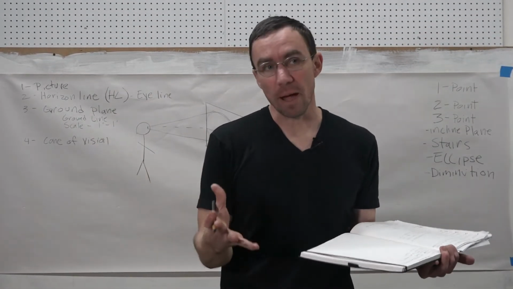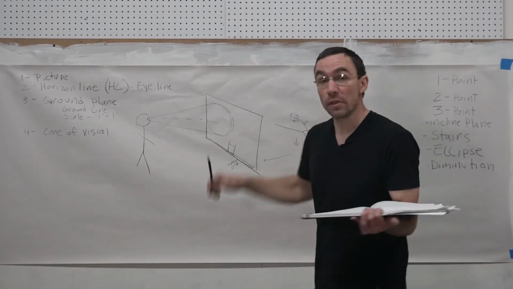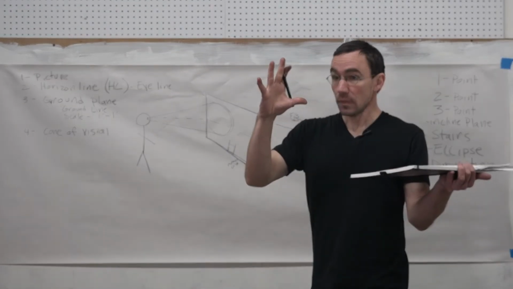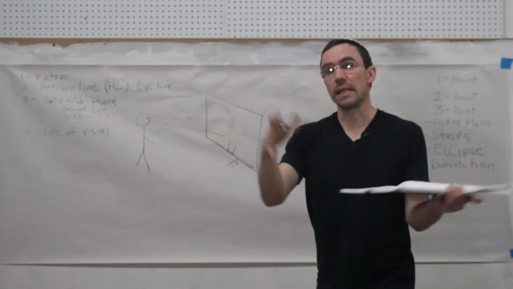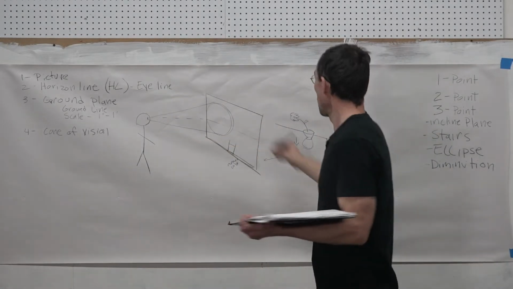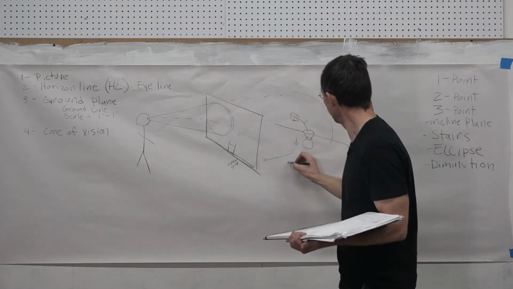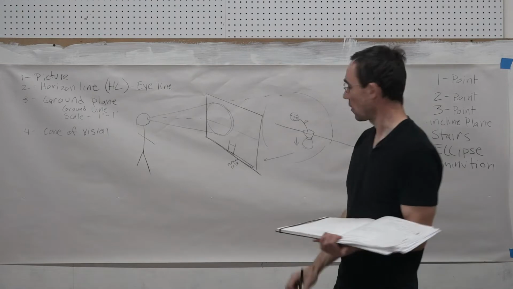So we want to think about things like a fisheye view. If I want things to be not distorted, then I need to keep them within the cone of vision. Let's just continue that out. Okay.